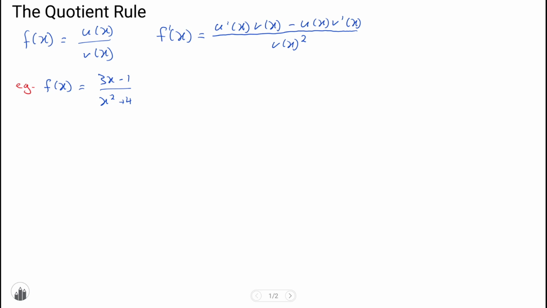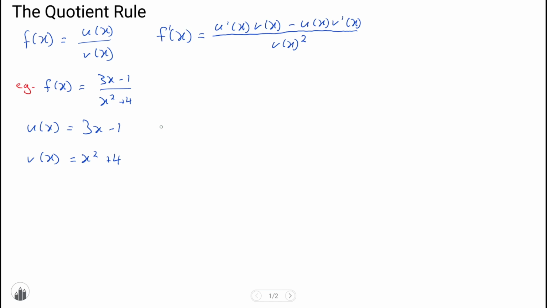So what is my u function and my v function? My u function, u of x, is whatever's at the top, so that's 3x minus 1. And my v function, v of x, is x squared plus 4. Now, how does the formula help us? Well, we need to find the derivative of u of x and the derivative of v of x.